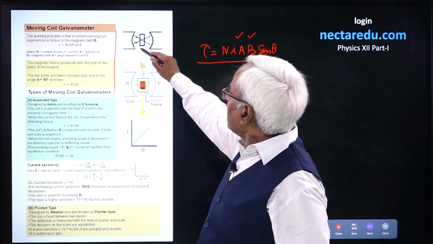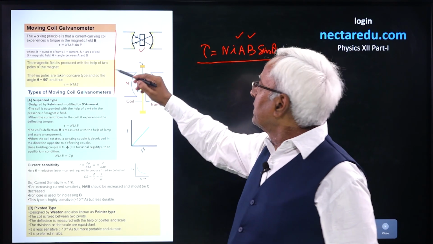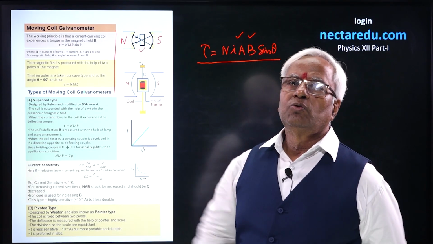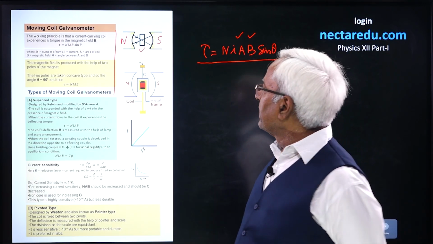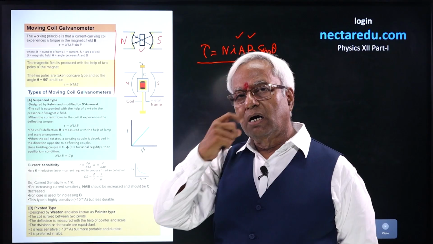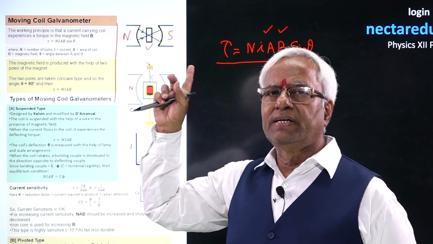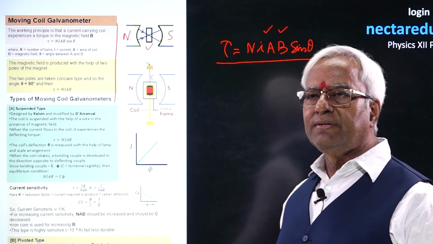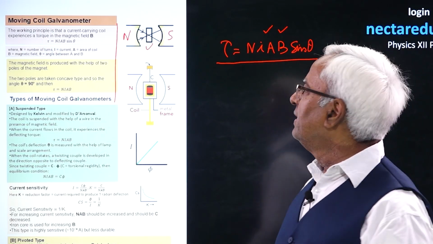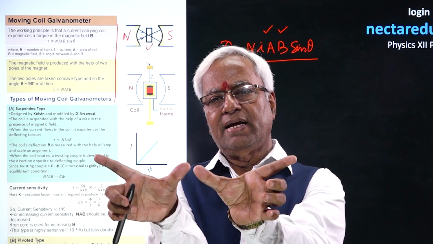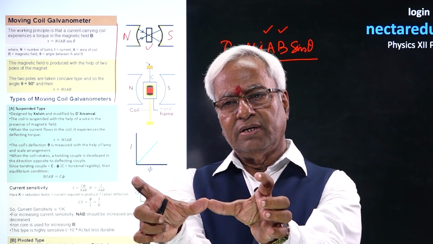Here one coil has been shown and the magnetic field has been produced with the help of two magnetic poles, north and south. When north and south have been exhibited here separately, it doesn't mean they are existing separately. Might be like this, you see, it's a long magnet, and you have given it this shape.